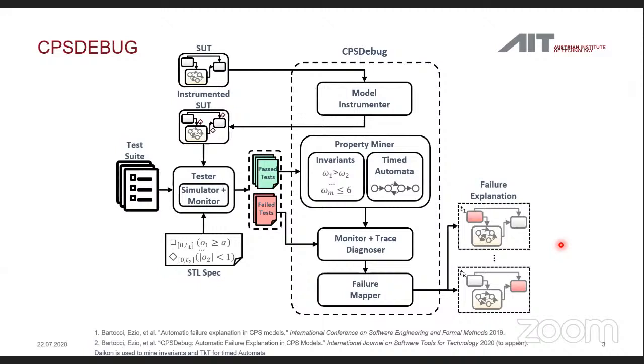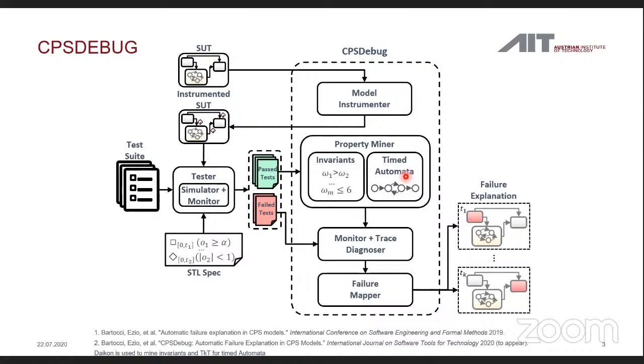We first instrument the system under test, then we simulate this instrumented model, and we record the internal behavior of the system. Some of these tests might pass and some might fail based on the specification. From the passing tests, we infer invariants over continuous dynamic traces that capture the continuous behavior, and we also infer timed automata that capture the discrete and timing behavior of the system.